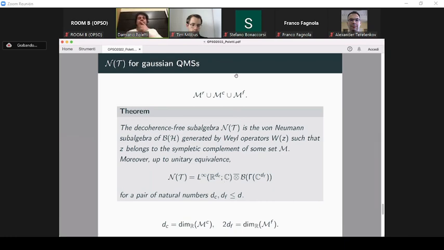Let me say the fact that the algebra is generated by Weyl operators, which is the starting point for this theorem, allows you to, in some sense, diagonalize the Decoherence-free subalgebra, because by some transformation, which is a Bogoliubov transformation, a symplectic transformation, you can separate the two factors, and a priori they can be interconnected.